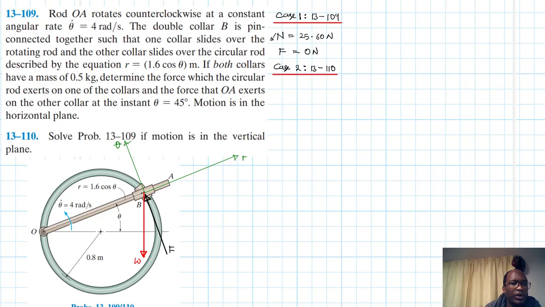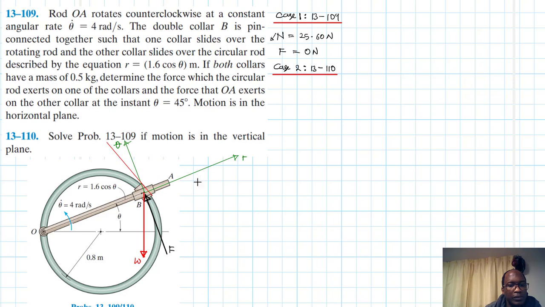And then we do have the normal force. Before I draw the normal force, let me draw the tangent line because we need it. We draw the tangent like so.